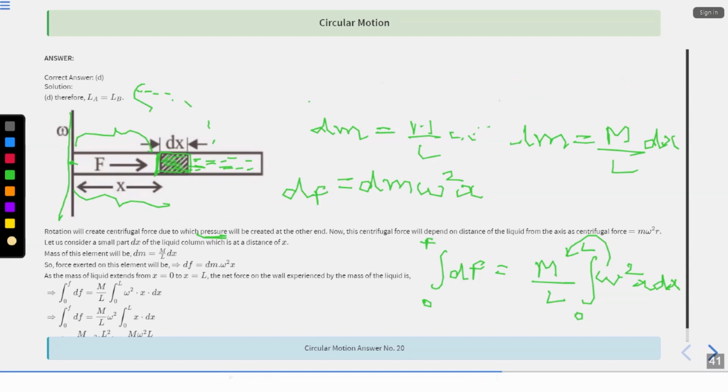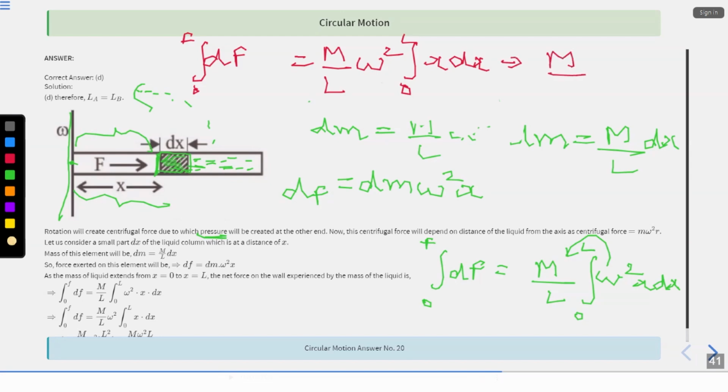So we'll get integral df from 0 to F will be equal to m by L omega square integral 0 to L x dx. That will give us x square by 2.